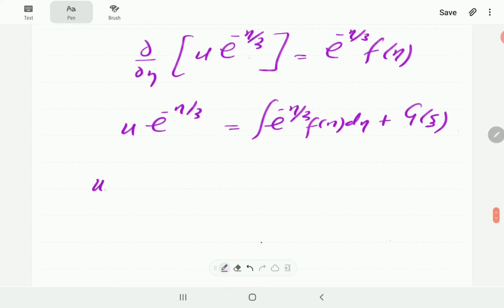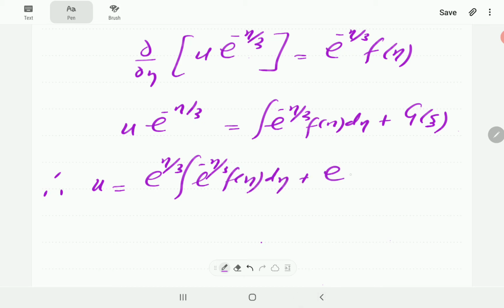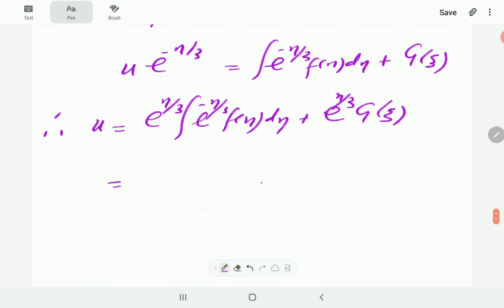Then if we make u the subject of the formula, u is going to be e to the eta over 3 times the integral of e to the minus eta over 3 f of eta d eta, plus e to the eta over 3 g of xi. Then this first term is an integral of eta times a function of eta, so it's just going to be another function of eta. So we can rename it simply f of eta.